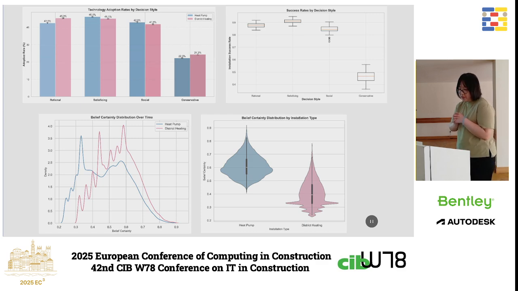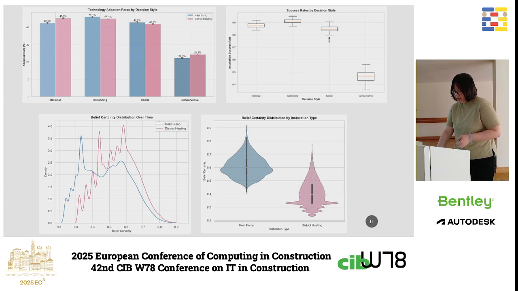And here are the adoption and success figures by style. The two on the top are the breakdown results by style. Rational and satisficing households each see adoption rates above 40% and success, defined as positive net present value plus reliable performance, above 90%.